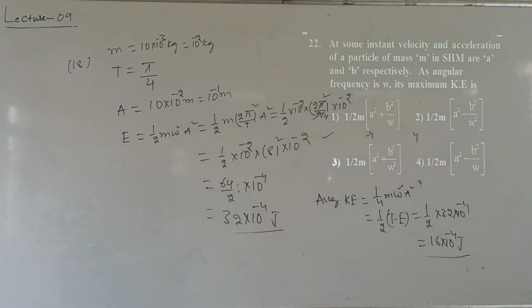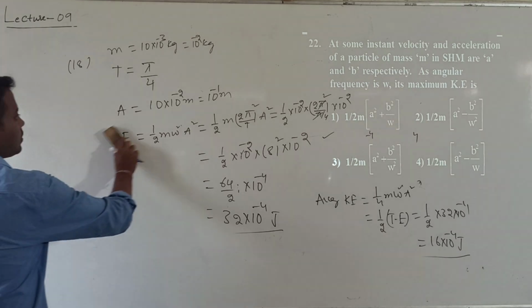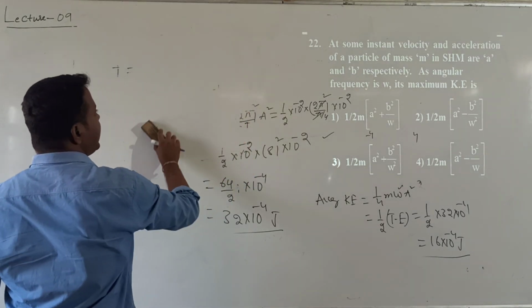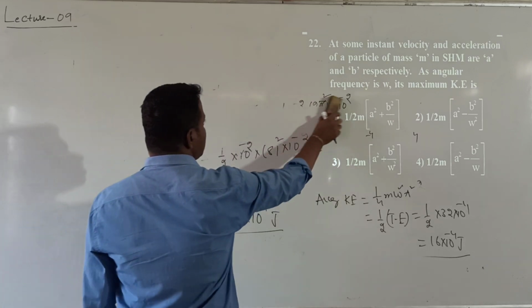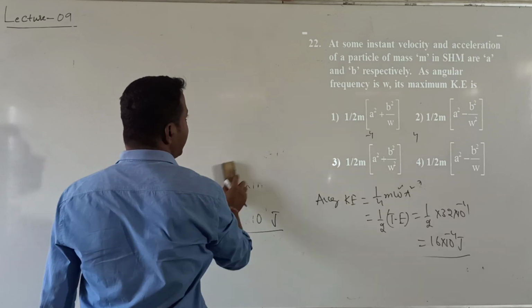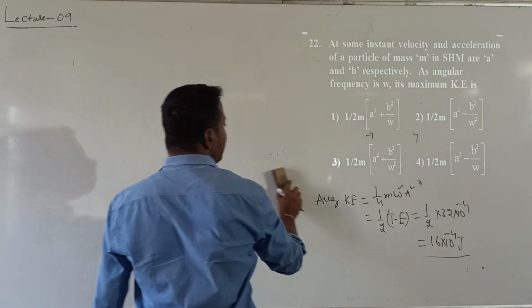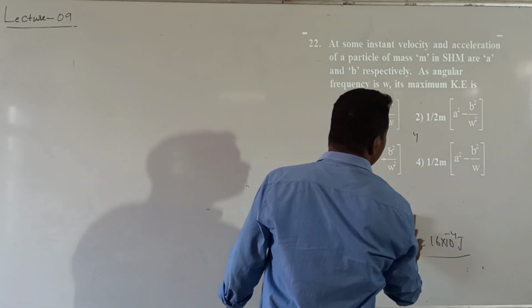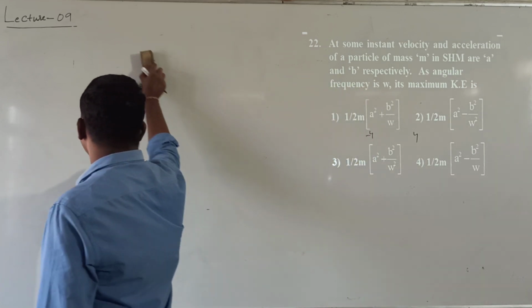Next question, question number 20. So what is this question? At some instant, the velocity and acceleration of a particle of mass m in SHM are a and b, and the angular frequency value is omega. They are asking us to calculate the maximum kinetic energy.